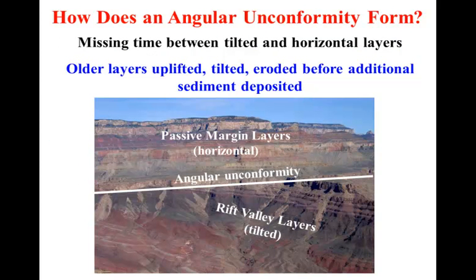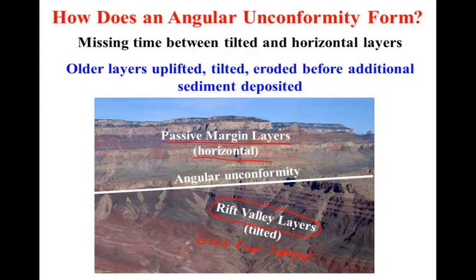Here's a closer look at the angular unconformity. Below it, the rock layers of the Grand Canyon Supergroup, representing sedimentary rocks and basalt formed in a continental rift zone. Above it are the flat-lying layers deposited on the passive margin.